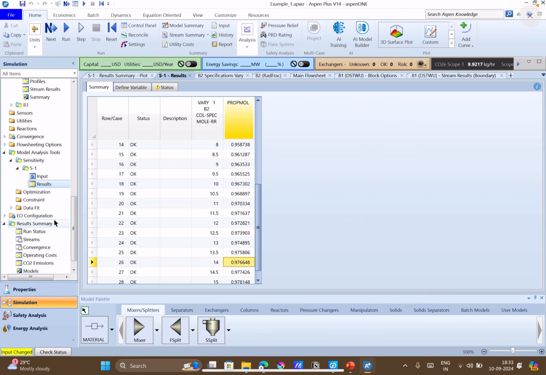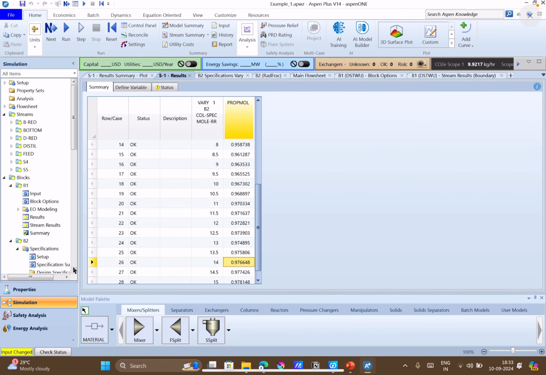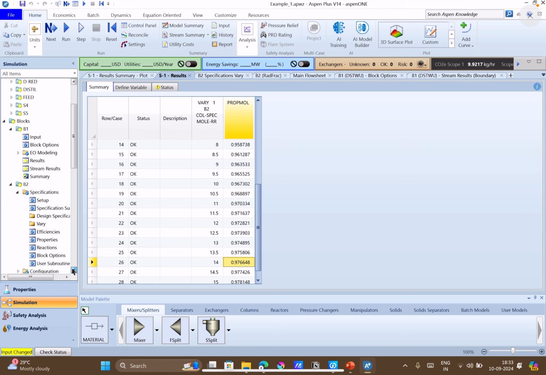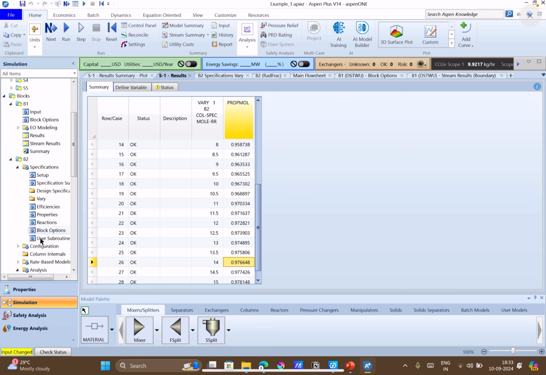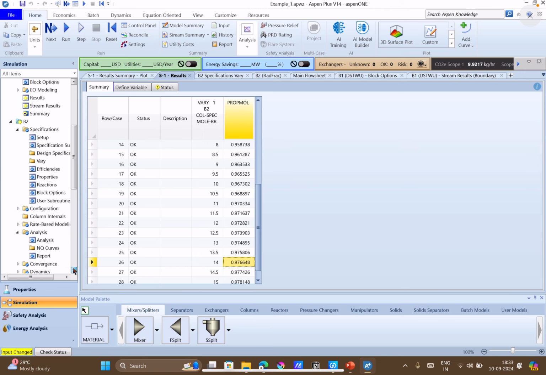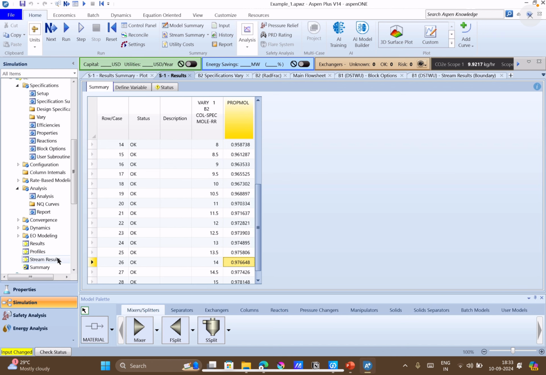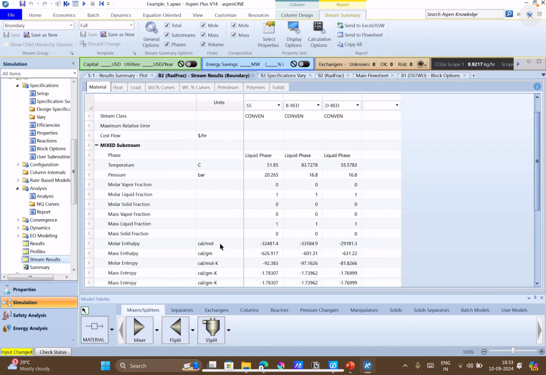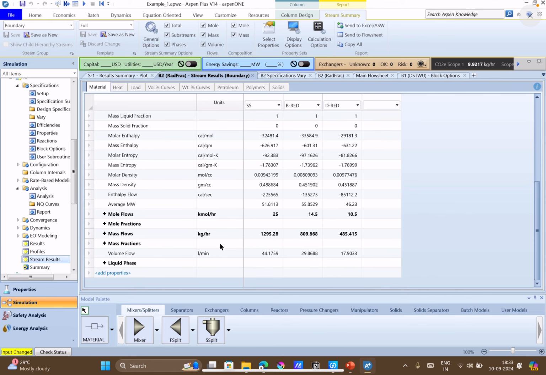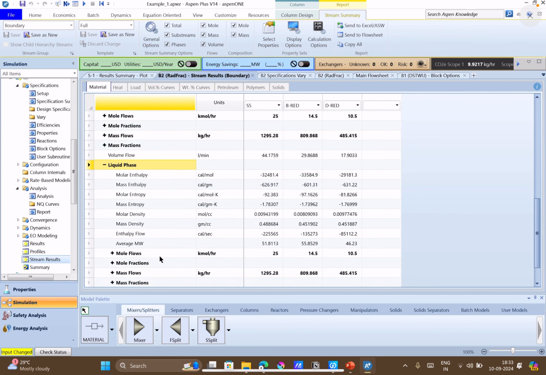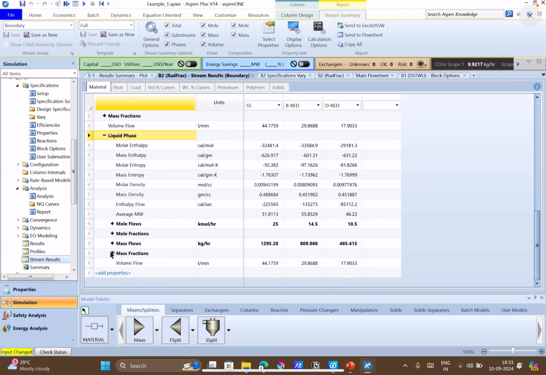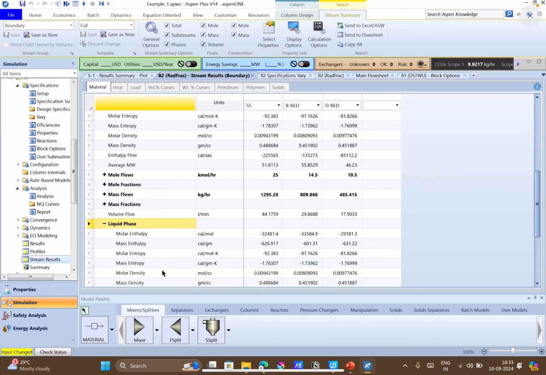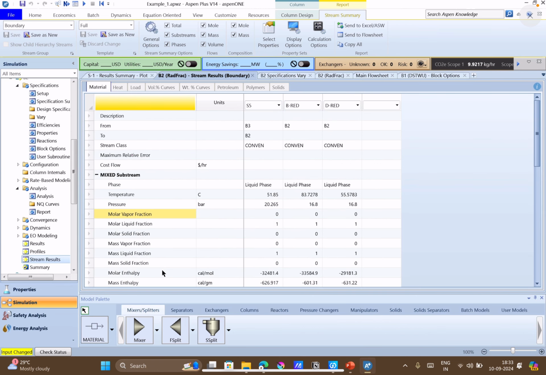So let's go to the stream result for the B2 block. In the B2 block, this is the stream result. At the end, we don't see any property for the viscosity.